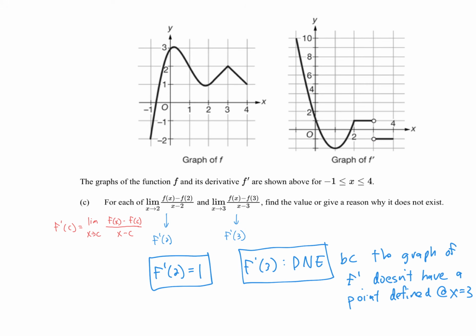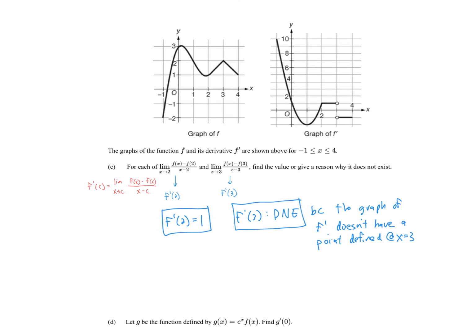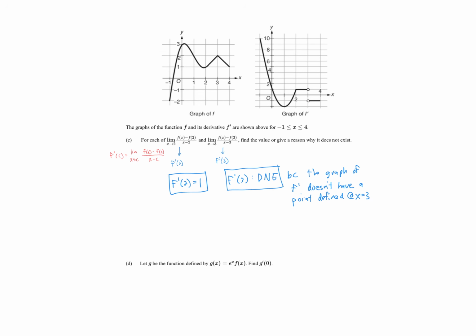Okay, another explanation would be if you look at the graph of f, you can see there's a corner at x equals 3, and so that could be a reason also. So the derivative of f at 3 doesn't exist because there's a corner, or you could say that the derivative from the left doesn't equal the derivative from the right. So there's a few different reasons that you could give, and all of them are perfectly fine, I think.